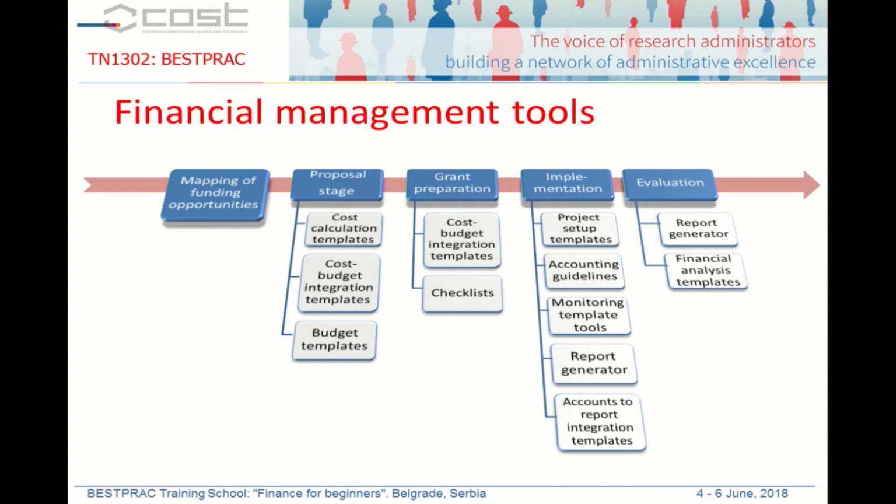I'll give you work packages as an example, which are not in all of Horizon 2020. You don't necessarily have them in Marie Curie actions, but you have them in the research and innovation actions, in the innovation actions, and in the coordination and support actions. You have work packages, and generally the Commission wants you to report how many hours or person months were done in each work package.